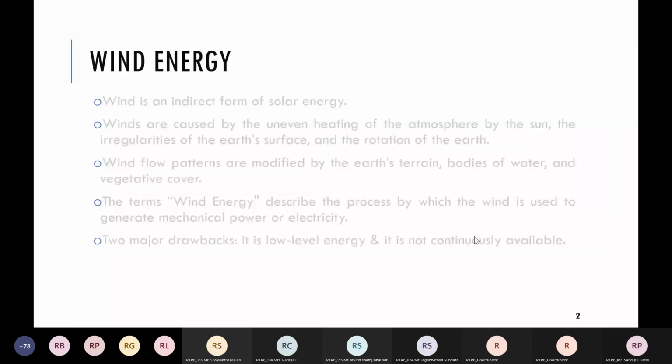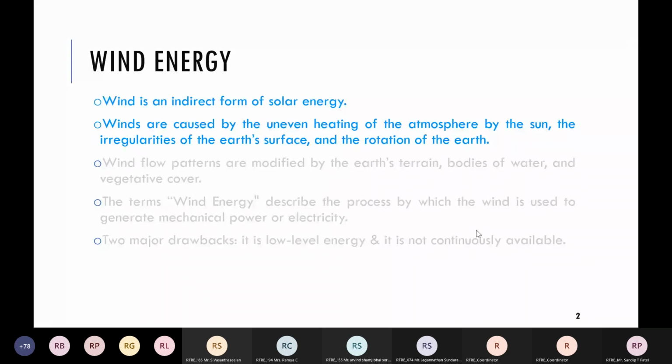As we are talking, wind energy is an indirect form of solar energy, and it is mainly caused by uneven heating of the atmosphere, rotation of the earth, basically due to the Coriolis effect, and the unevenness of the earth's surface. It may be a global wind pattern or it may be a local wind. So there are some global reasons and a few local reasons.